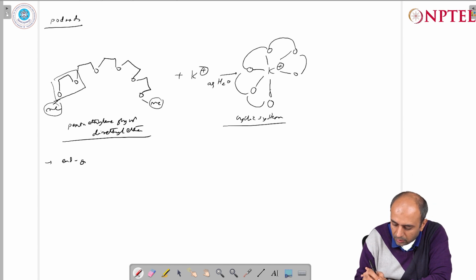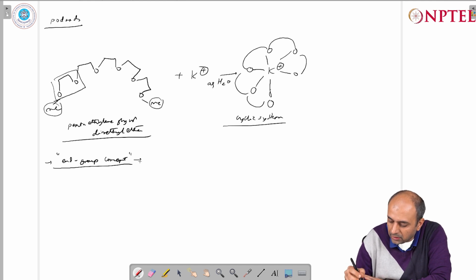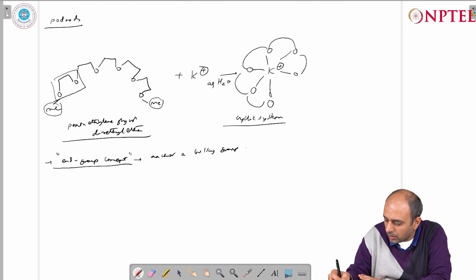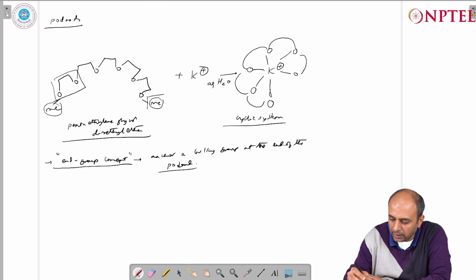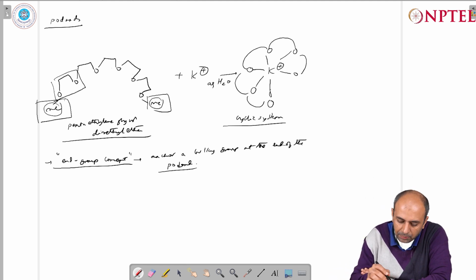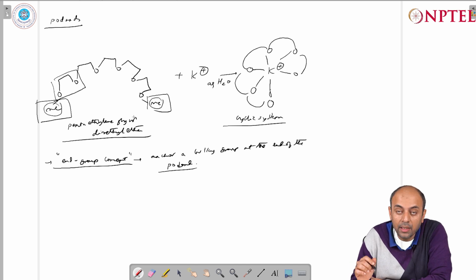end group concept, where we essentially anchor a bulky group at the end of the podand arm, at the end of the podand. So at the end of the podand, particularly here, we can replace methyl by much more bulky substituents.